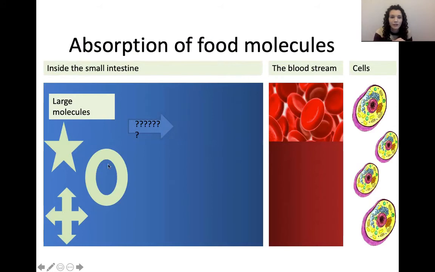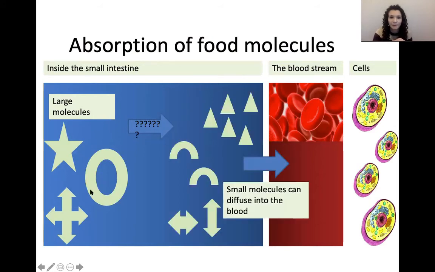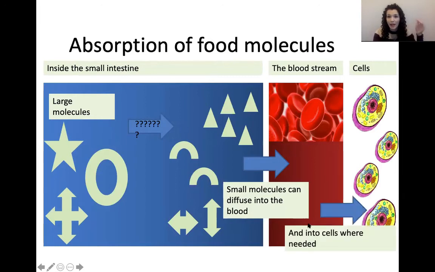So we've got our different large molecules that we've eaten here. They get broken down by enzymes into much smaller molecules. When there are those much smaller molecules, they are able to diffuse into our bloodstream, and then they can go in our bloodstream to all the cells where they're needed.